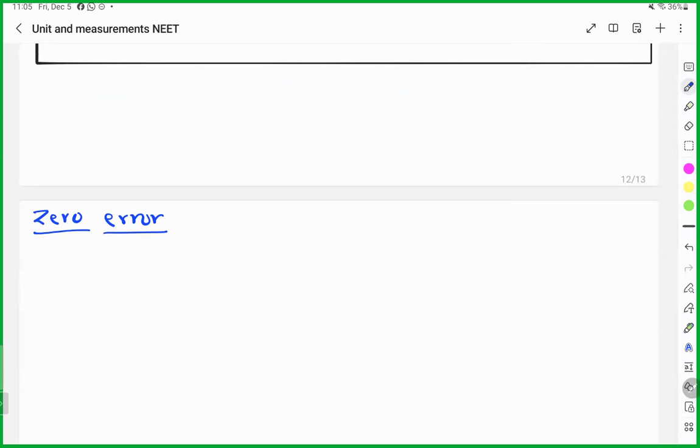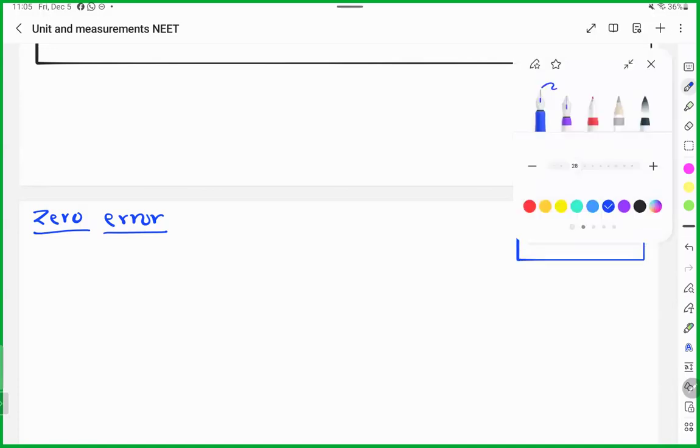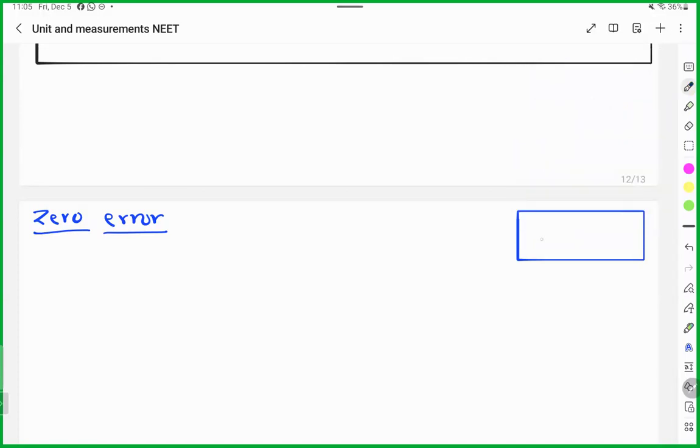So that's why we want to check where our zero is. For example, if this is the main scale, and here you will have divisions. Say zero starts from this, this is zero, then 1, 2, 3, 4, 5.